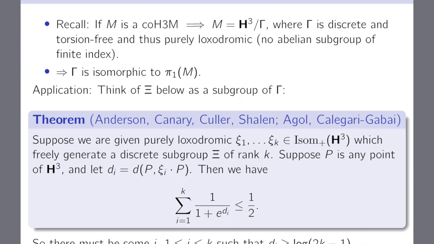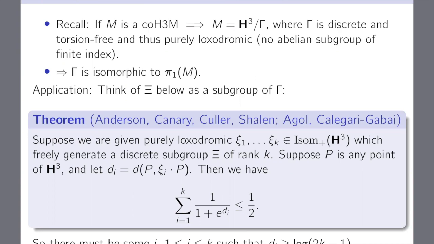And what this is saying is that if I've got two such isometries, they generate a group of rank 2, then at least one of the pair has to displace any point you pick in hyperbolic space by distance greater than or equal to log 2 times 2 minus 1, so that's log 3.